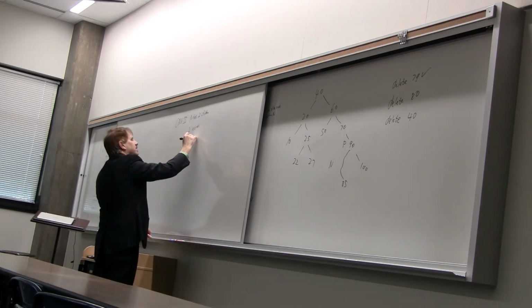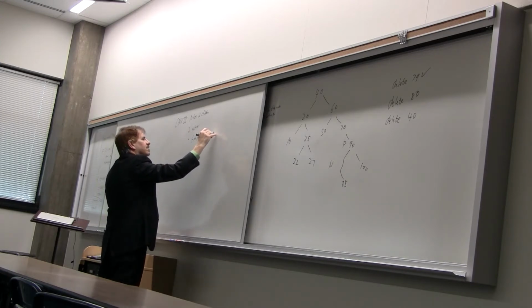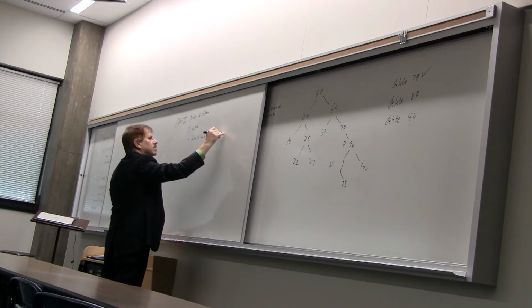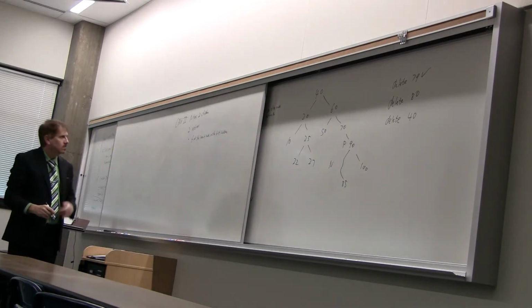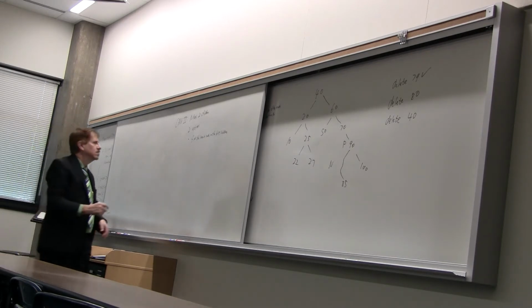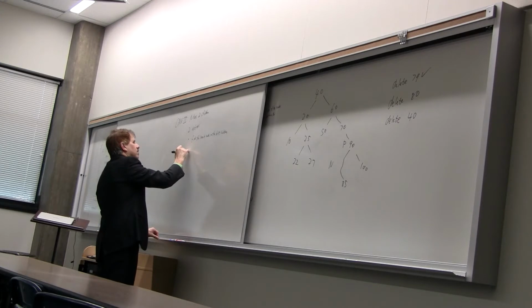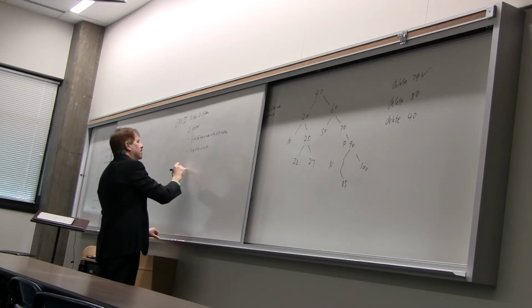Find the largest node in the left subtree. Swap that node with n, and then free n.